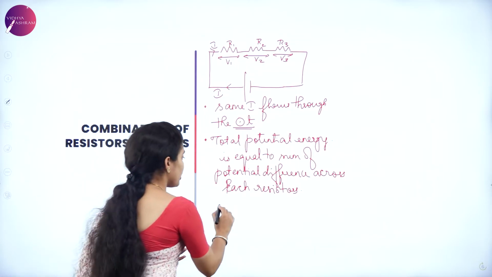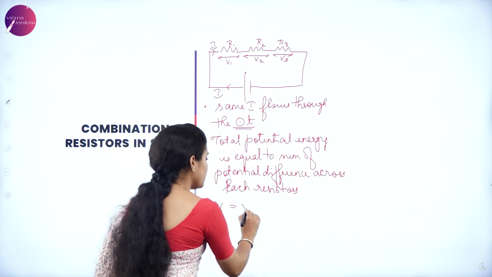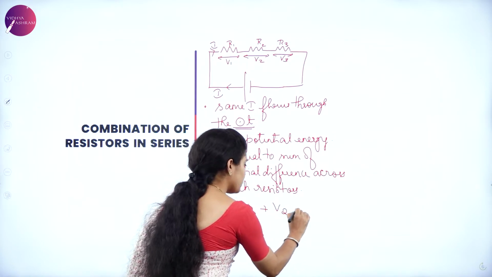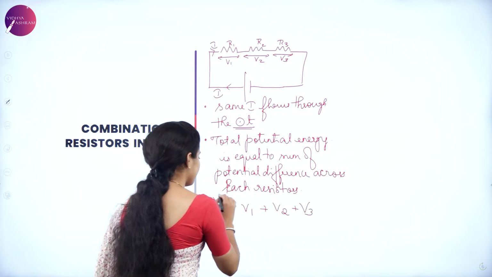Okay, that is, we have V is equal to V1 plus V2 plus V3.